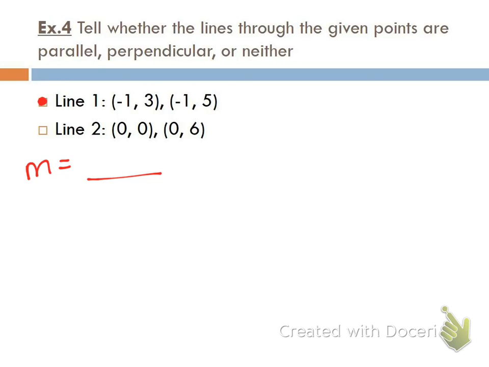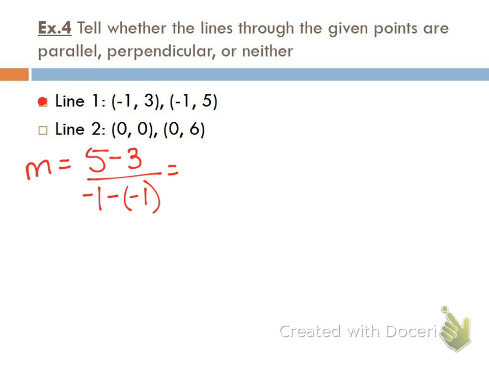So what do you want to do? Okay. 5 minus 3 works. Y minus y. And then in the denominator, we have to take x minus x. Now this time they happen to be the same. So we're taking what minus what? -1 minus -1, which I agree is the same as -1 plus 1. If you go ahead and change this to a plus sign right away, that's fine with me.